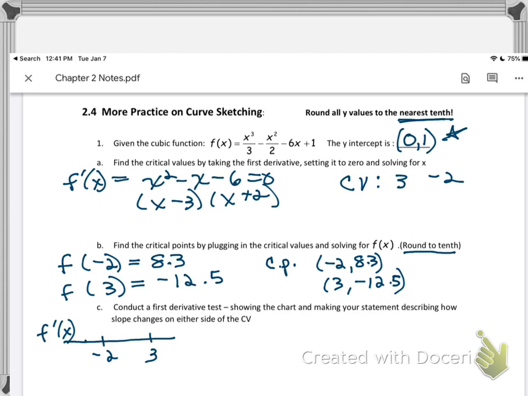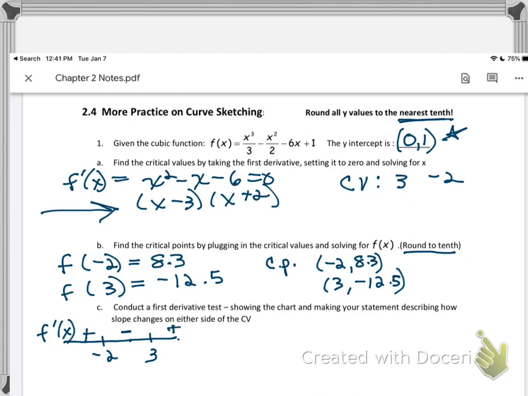So I'm going to check a number like negative 2. I'm going to plug that in my first derivative, and I find that I get a positive value. Then I plug 0 in, and I find I get a negative value. Again, I'm plugging in to these factors. Then I test 4, and when I plug in 4, I get a positive.